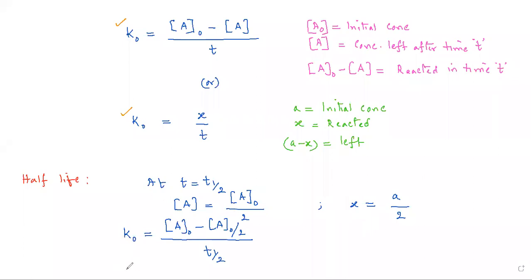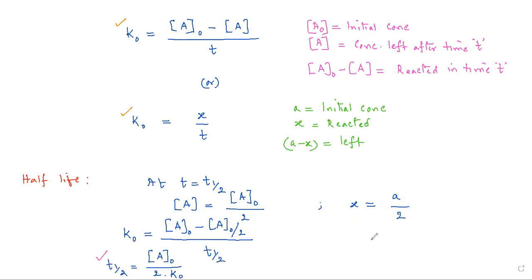Now this can simply be given as t half is equal to A naught by 2 into K0. So this is the expression for t half for zeroth order reactions.